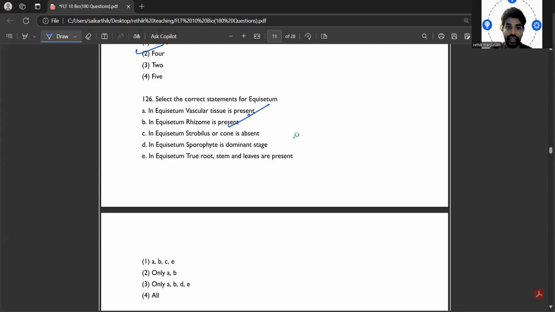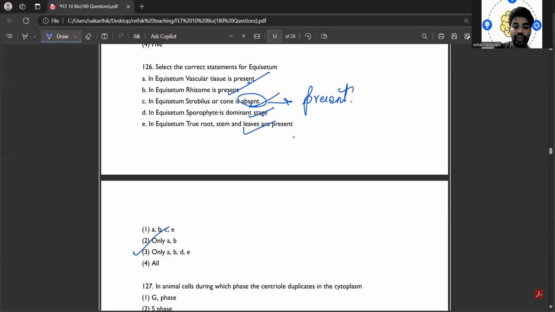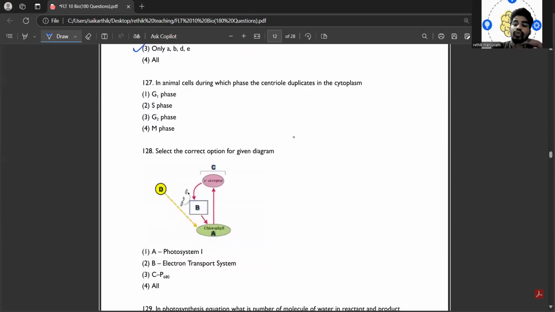Then strobilus or cone is absent. Yes, rather it is actually present. Then what about the dominant stage? Yes. Then true roots, stem, and leaves are present is correct. So A, then B, D, and E. Where do you see this? Third one. So third is the correct option.